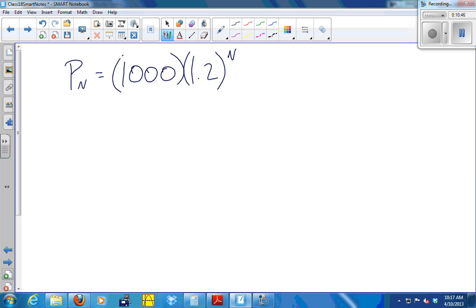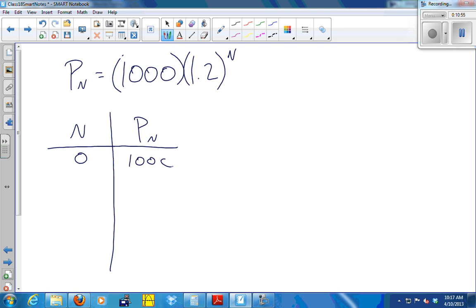And let's just show it in the table just so that if there's any lingering confusion. 0, 1,000. So to get year 1, you would take 1,000 and multiply by 1.2, right? Instead of actually calculating it, I'm just going to leave it like that, 1,000 times 1.2.